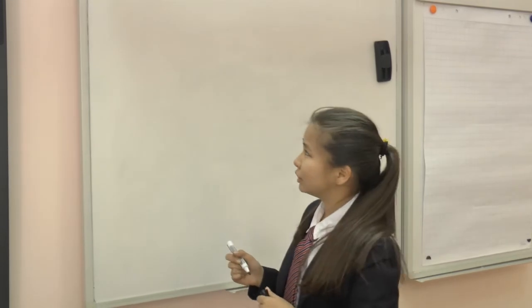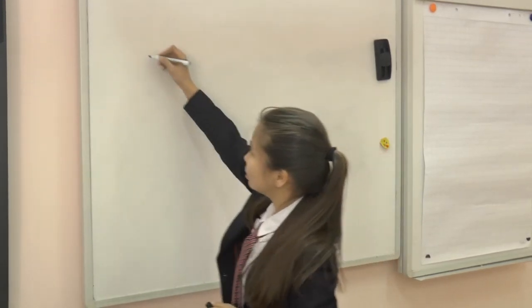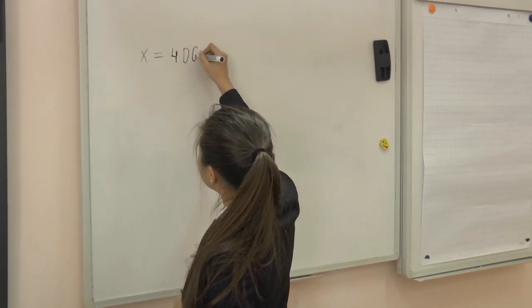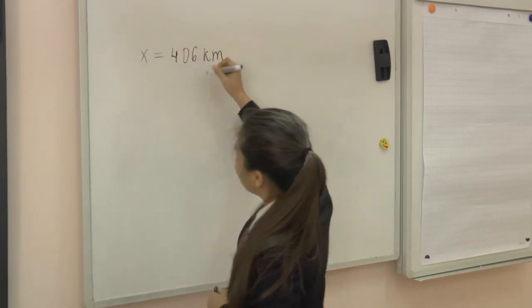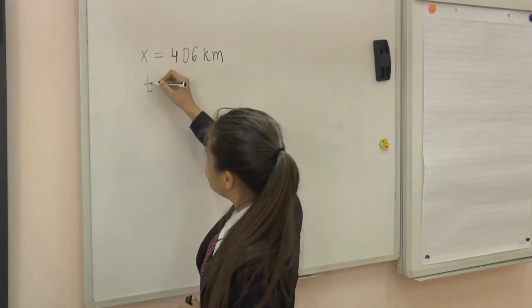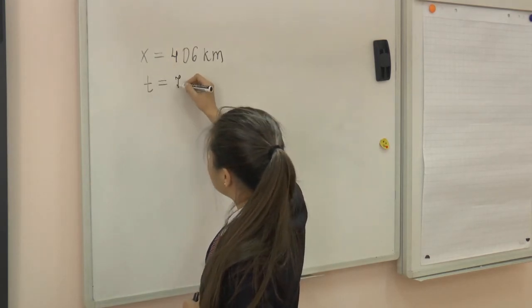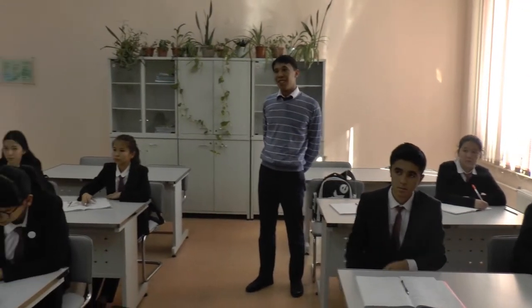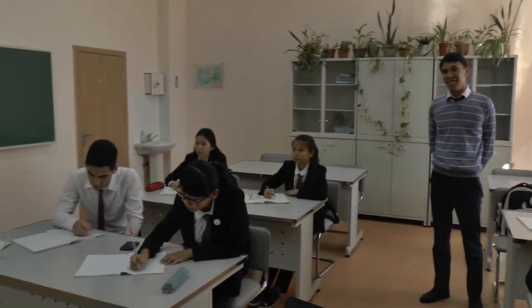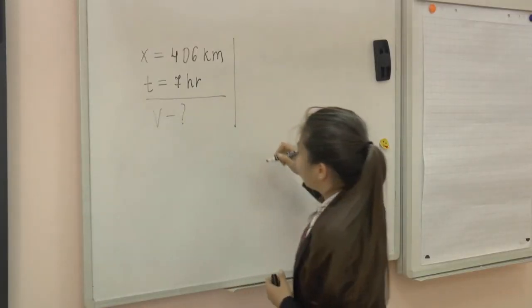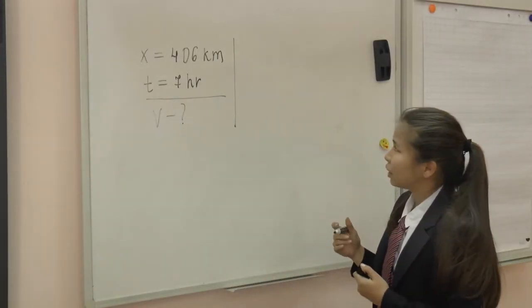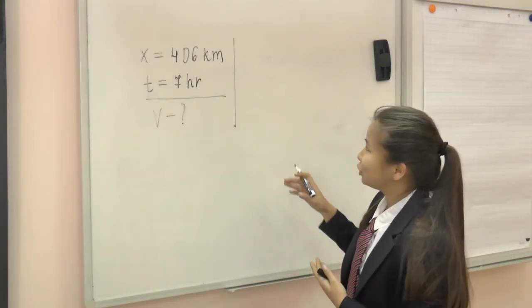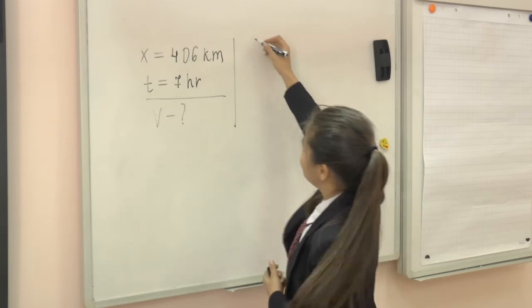In my question, distance is equal to 406 kilometers, and time is equal to 7 hours. And we must find the velocity. For this, we must convert these parameters to the international system.